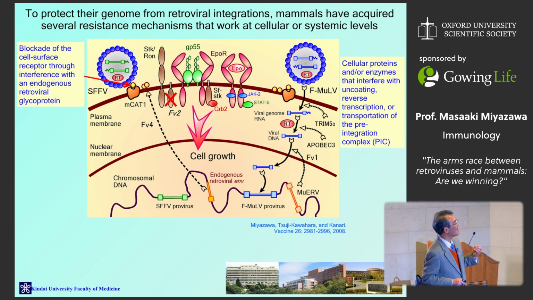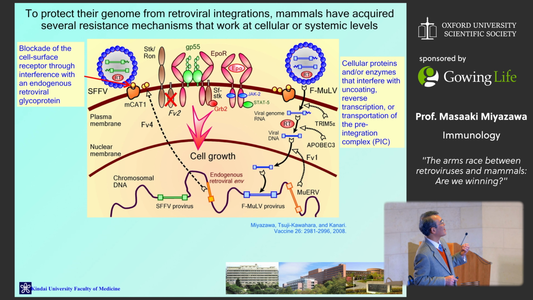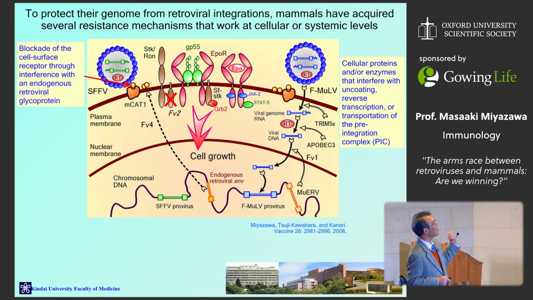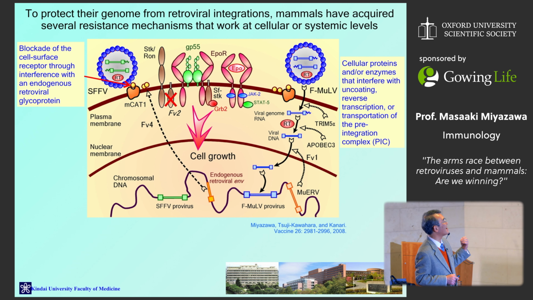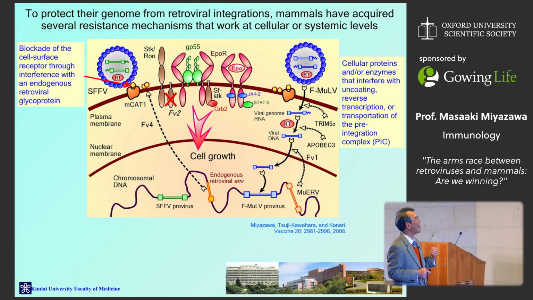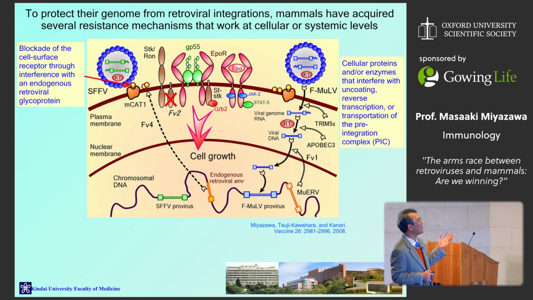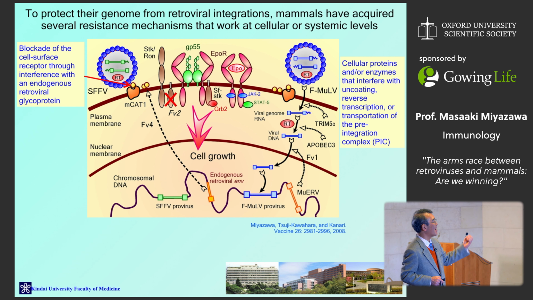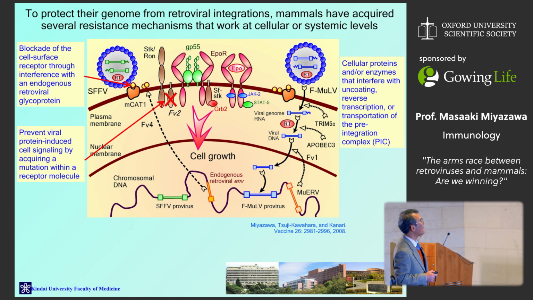So this endogenous retroviral product competes with the attachment of newly incoming retrovirus on the surface of the target cells. This is one example of how we acquired resistance factors against retroviral infection. Another factor is mutation of the surface receptor that is associated with the proliferation, growth induction of infected cells.